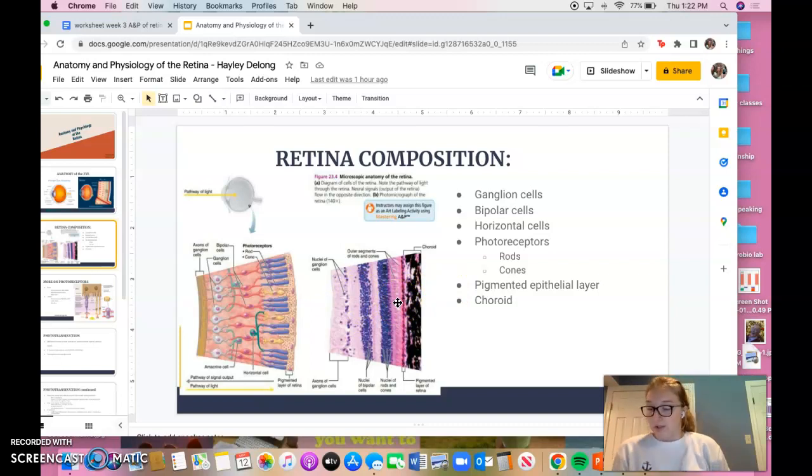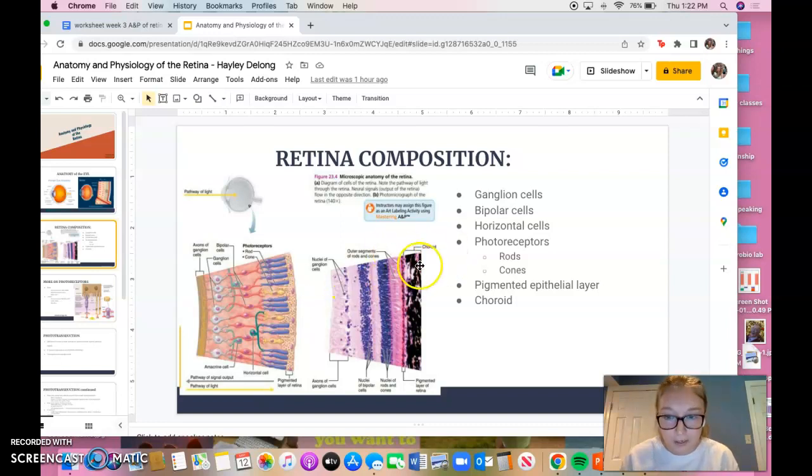First of all, you're going to see that the light comes through the axons, but it bypasses these cells, and then the light is going to go through the photoreceptors, and that's where most of it is captured. The pigmented layer acts like a safety net almost for the rest of the light that might escape from the photoreceptors, so it protects the light and all the photoreceptors as well.